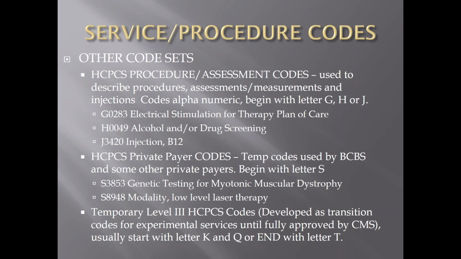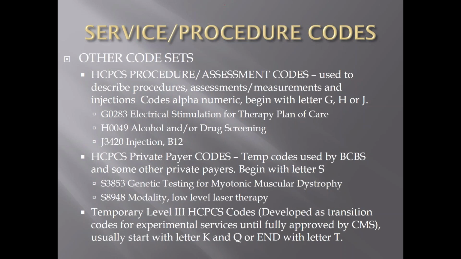The HCPCS private payer codes are temporary codes used by Blue Cross and other private payers. These generally start with the letter S, and these are going to be codes that are assigned before CMS and the AMA fully vet a certain procedure.